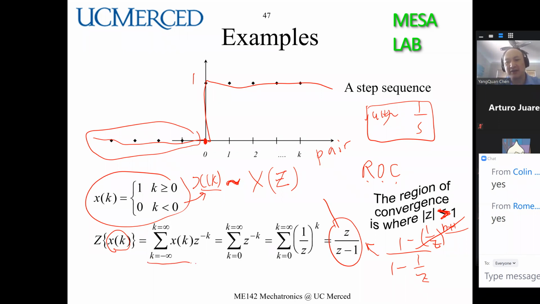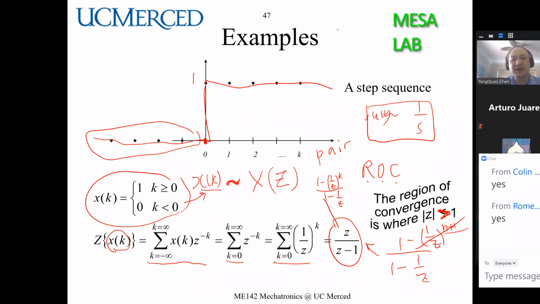So this is my definition. But I already told you anything before 0 is 0. So I write down this one, and then how to write this one. So it's actually, you should write this way: 1 minus 1 over z to the power of k, 1 minus 1 over z, okay?